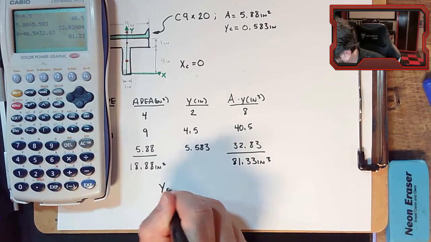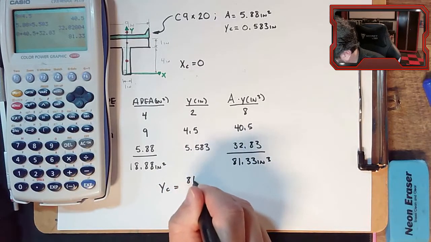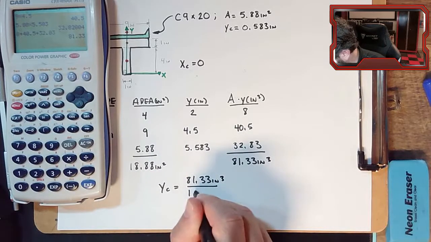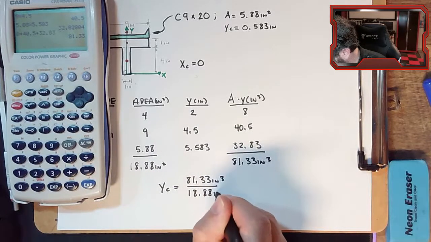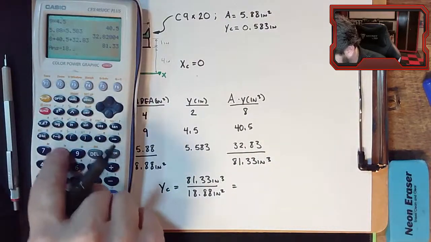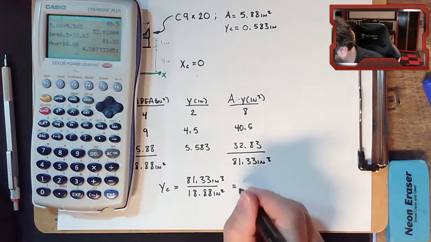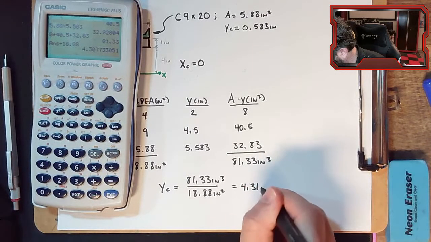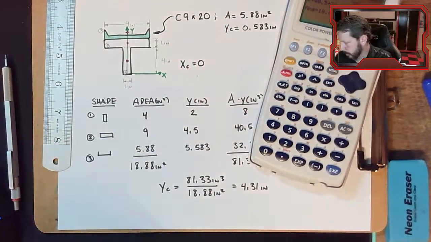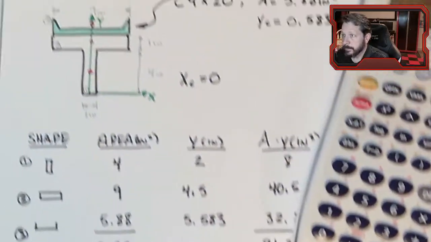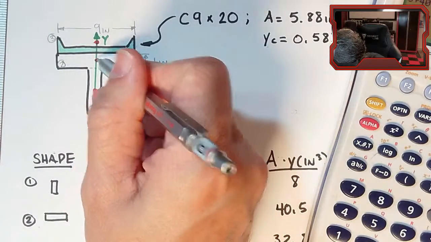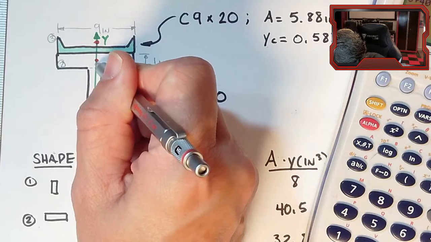And Y sub C is equal to 81.33 inches cubed divided by 18.88 inches squared. 4.31. And then when we look at that on our diagram up here, 4.31 would be right in, actually there's 0.5, so it's going to be right in there somewhere.